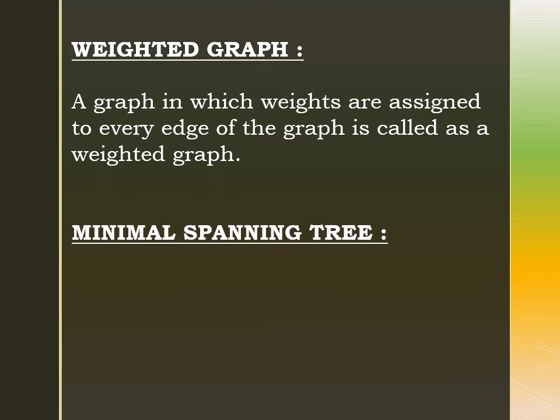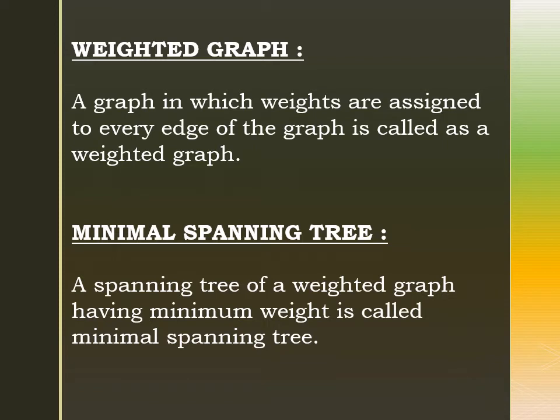Let us understand what a minimal spanning tree is. We have seen a spanning tree is a tree which is a subgraph of the given graph having number of nodes minus 1 number of edges. So n minus 1 edges.